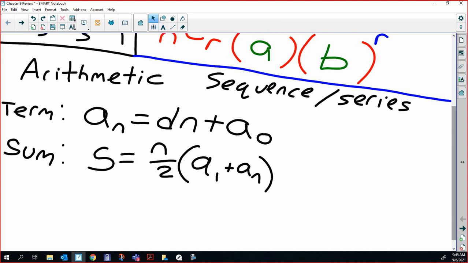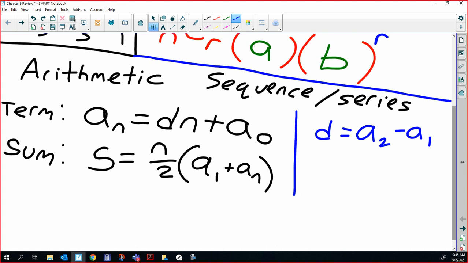All right, now the last maybe two formulas that you might need from these are definitely optional formulas. If you just know your stuff, you don't need these. But if you have a hard time finding D, you subtract two terms. It's the difference between the second term and the first term.